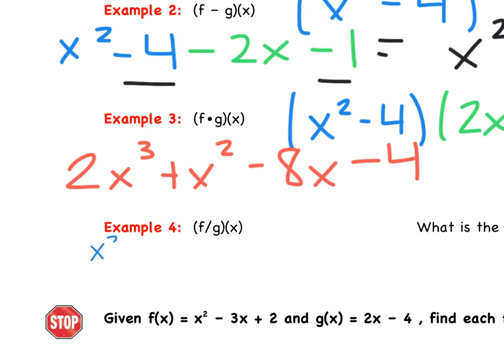So I have x squared minus 4 divided by 2x plus 1. I look here to see if I can factor anything. We'll notice on the top this can be factored, so I'd get x plus 2 times x minus 2. You should remember that from what we've learned in chapter 6.